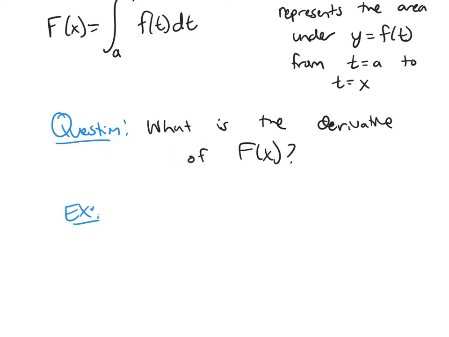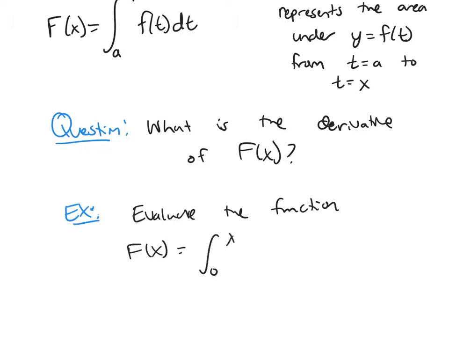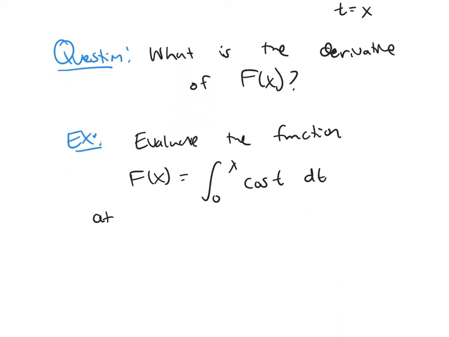First, we're going to find the function. So let's evaluate the function F of x. It's going to be the integral from 0 to x of cosine t dt at some values. Let's go for x equals 0, pi over 4, and pi over 2.